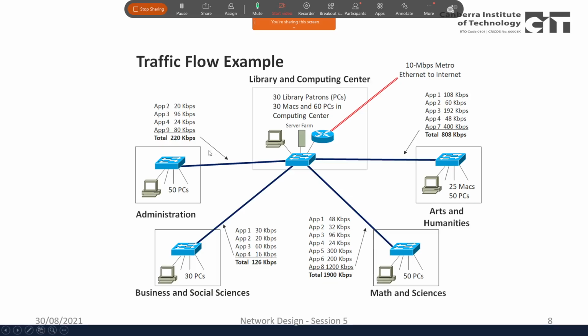Okay, now if you thought that making the connection to the router a fiber link, in other words 10 gigabits per second, would be such a bad design decision, can anyone tell me why? If I configure the link to the router to be a fiber optic link, I'm going to spend way more money, because fiber is way more expensive than Ethernet.